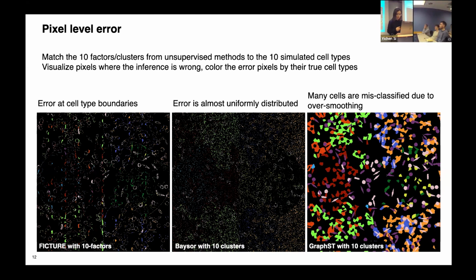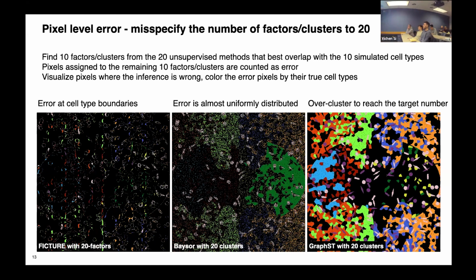But in reality, we don't really know the proper number of cell types to use. So we also evaluate the cases where we input the wrong number of clusters or cell types. We simulate with 10 cell types, but we ask each method to cluster into 20.